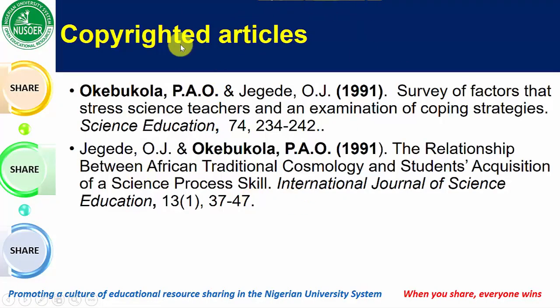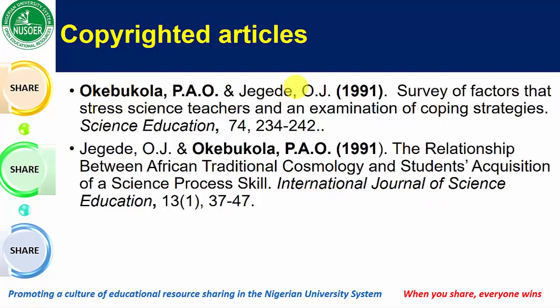Now let's look at some articles. There are 2 articles here, published in 1991 in Science Education and the International Journal of Science Education. This is published by John Wiley, and this is published by, I think, also John Wiley. Now, these authors, Okebukola and Jegede, do not hold the copyrights.